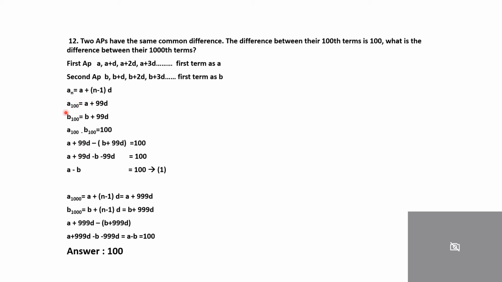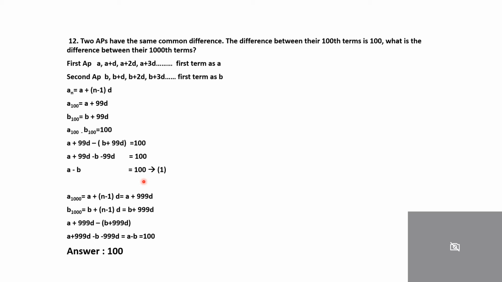We have already mentioned that the 100th term of the first AP, a100, equals a plus 99d. So a plus 99d minus b plus 99d equals 100. a plus 99d minus b minus 99d equals 100. So plus 99d and minus 99d get cancelled. So a minus b equals 100. This is the first equation.